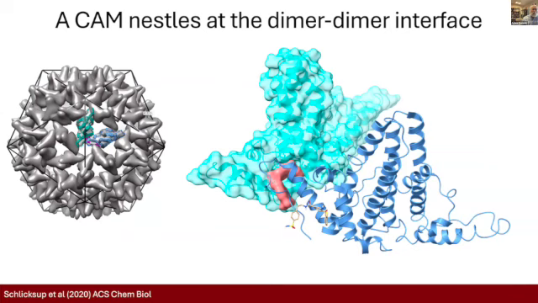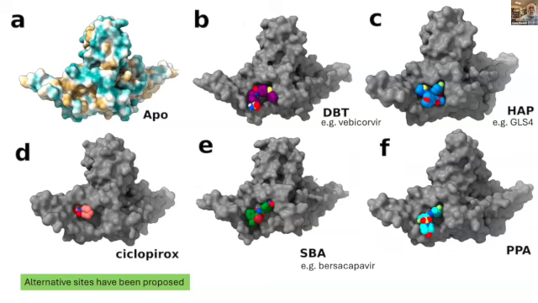This red density over here is actually a CAM molecule. It sits in a pocket in the groove, increases the amount of buried nonpolar surface area, and thus increases the association energy. And it can also modulate the protein-protein angles affecting the assembly products.